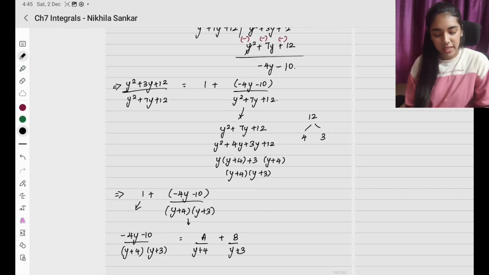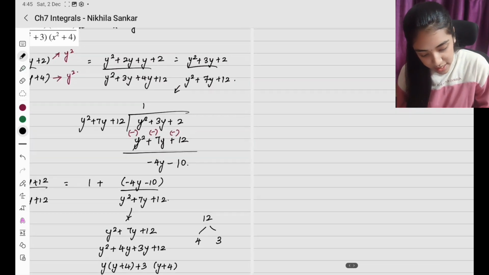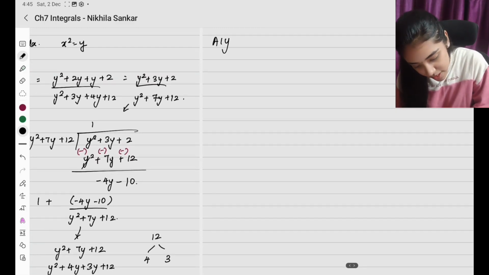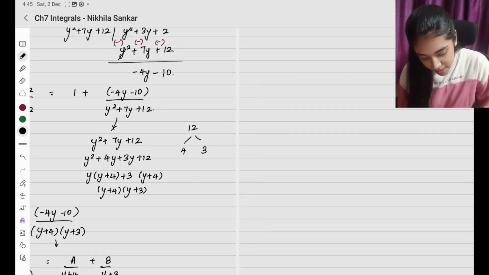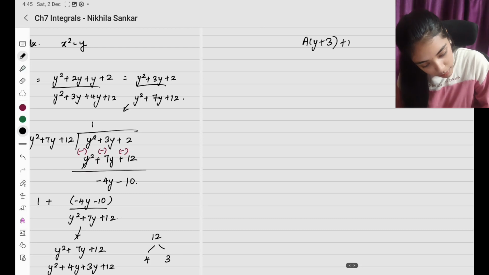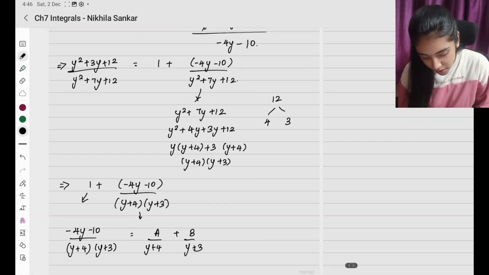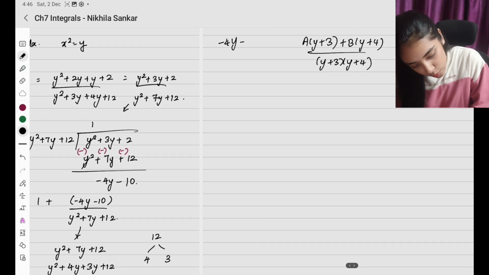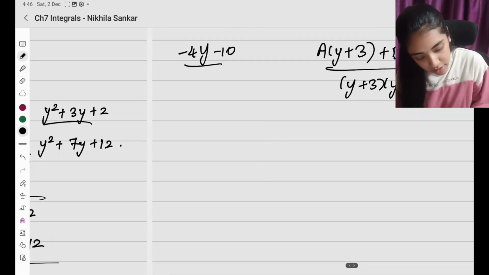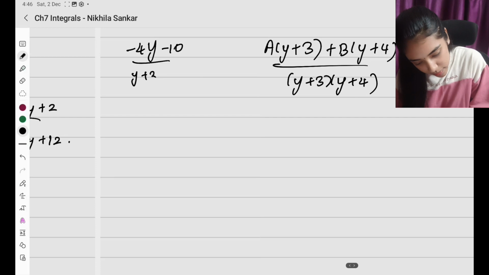When I take the LCM, I have a times y plus 3 plus b times y plus 4, divided by y plus 3 times y plus 4. What is on this side? Minus 4y minus 10 divided by the denominator. What is the denominator? y plus 3 times y plus 4.